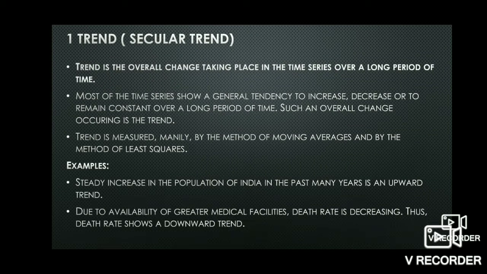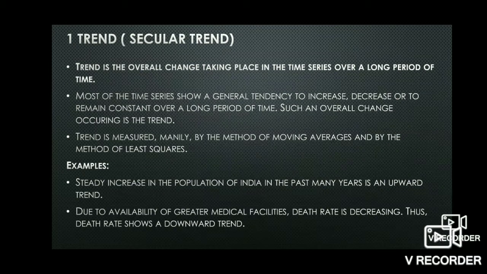So in the first component, that is trend, trend is the overall change that takes place over a long period of time, and most of the data that we collect show a general tendency: they may either consistently increase or decrease, or they may remain constant for a long period of time.